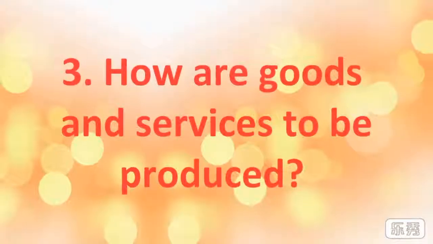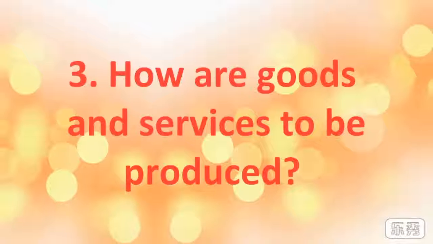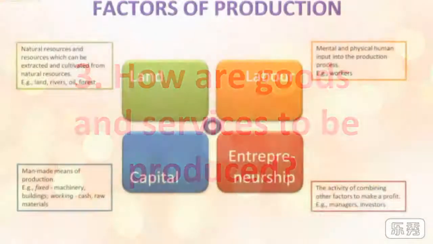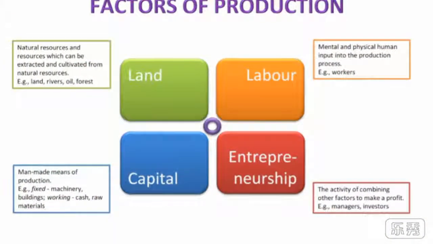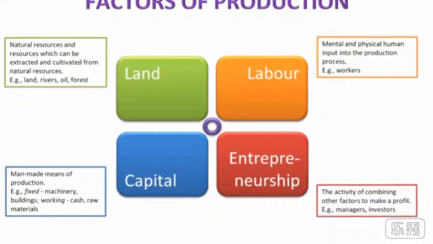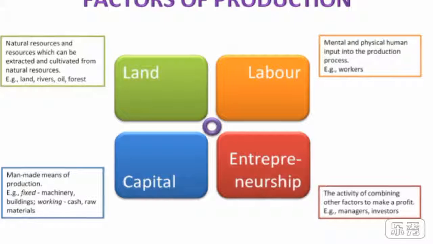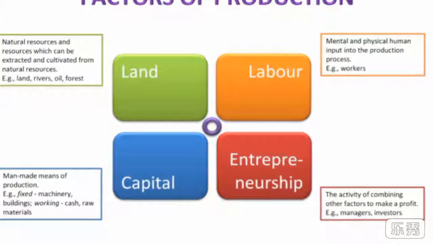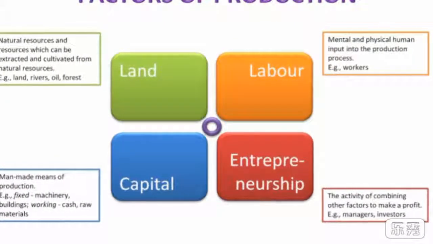Question number 3. How are goods and services to be produced? In economics, goods and services are produced by combining 3 traditional factors of production: land, labor, capital. And the fourth one that was added later is entrepreneurship.